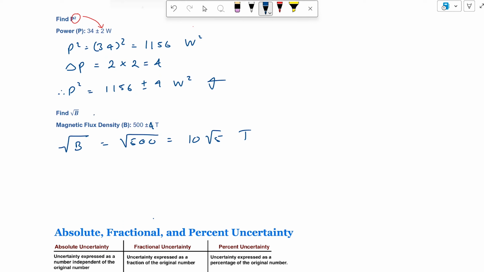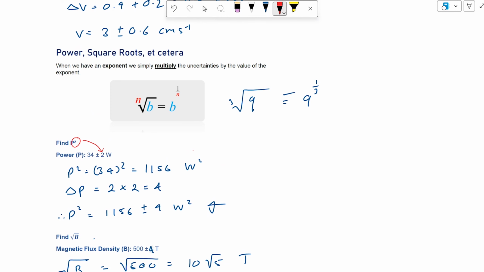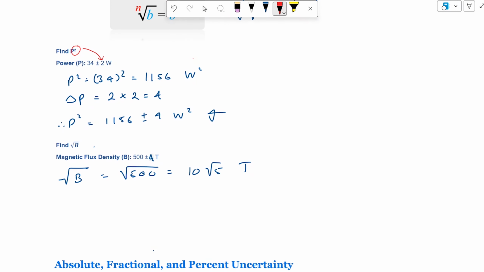Okay, so how do you do the absolute uncertainty for a square root? Well, remember the laws of exponents over here. You simply need to find the exponent, which is b to the power of half. And now you take the exponent and you multiply it with the absolute uncertainty.